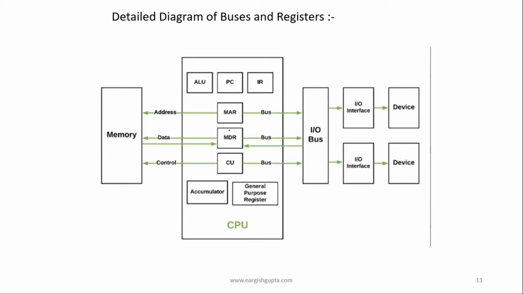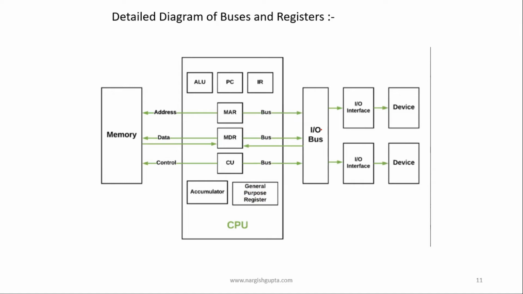The accumulator, memory address register, memory data register, program counter, and instruction register are the specific purpose registers. Their tasks are already designed and defined, but still we need some extra registers. So those registers come under the category of general purpose registers.